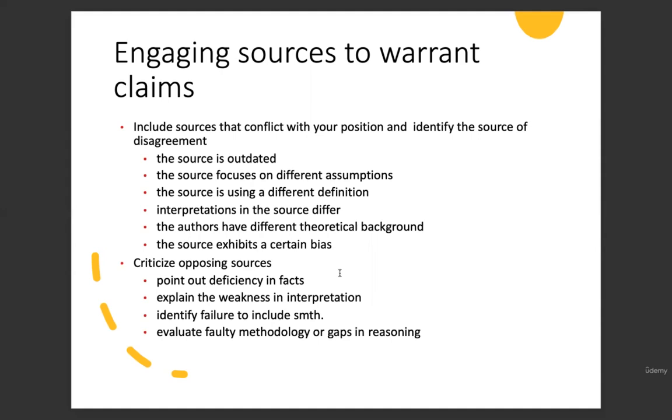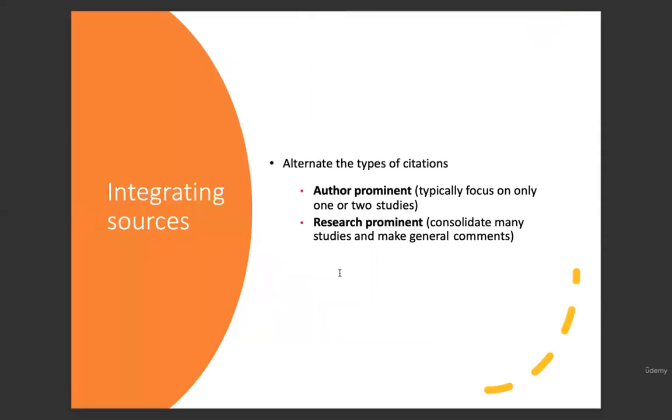Or it's very common that you found methodological faults or mistakes. So as I told you, you have to integrate your sources, okay? You can alternate the types of the citations.